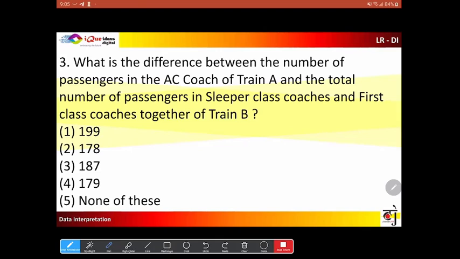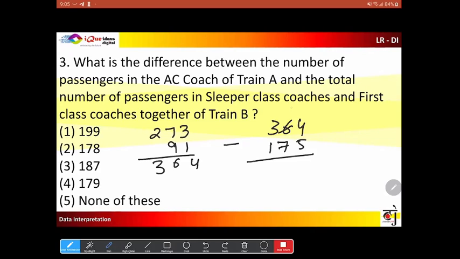I don't know. What was the sleeper and first class together equal to? 199. How did 199 come? What is 273 plus 91? 365. And I have to subtract from that. So 549 minus 365 is 184. So 189, which is none of these.